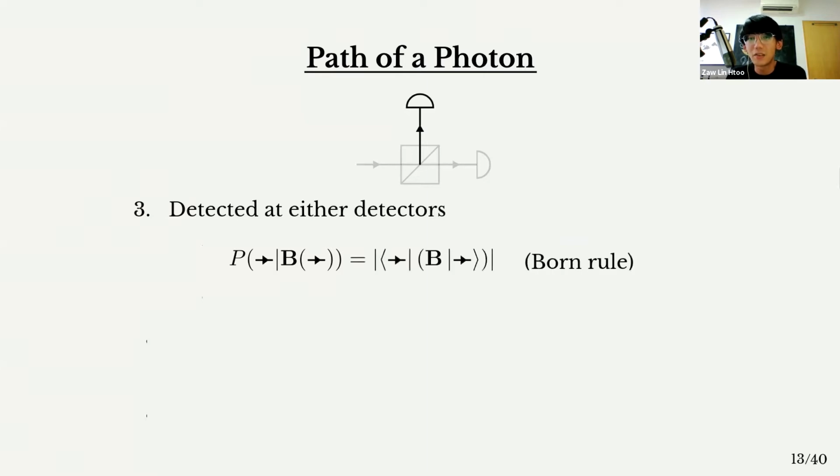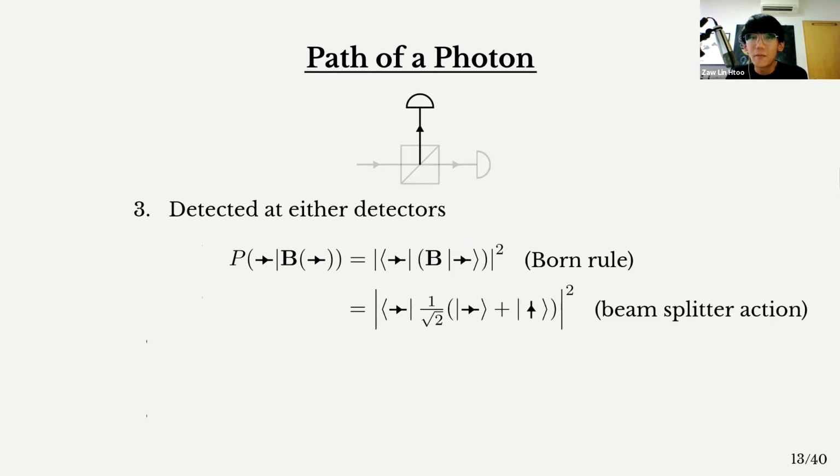Well, this is just the Born rule, right? We just take the bra of the right moving photon state, and we take the state of the photon after it goes through the beam splitter. And what is the state of the photon after it goes through a beam splitter? Well, we just claim that it is this superposition of the right moving photon and the upward moving photon. And we just expand this.